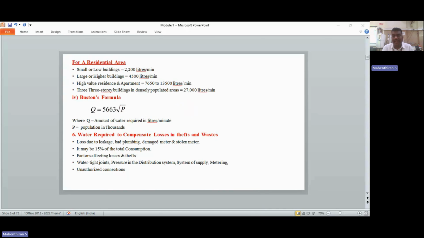In continuation to the previous slide, small or low buildings, small houses or low-rise buildings typically require about 2,200 liters per minute. These include individual houses or sparsely populated areas where consumption is relatively moderate.